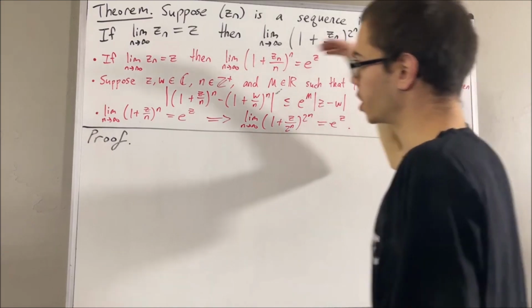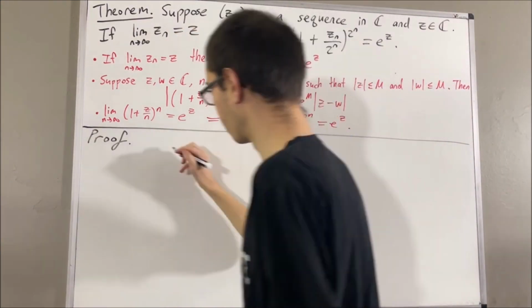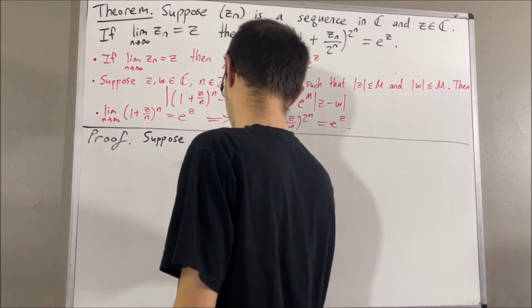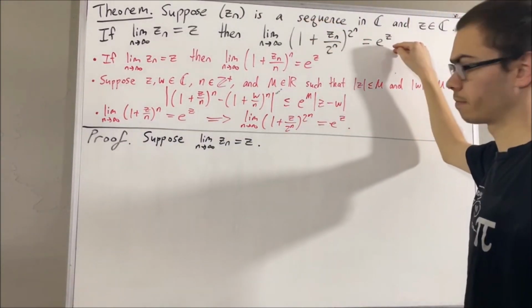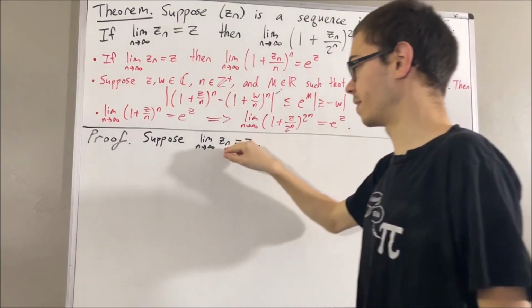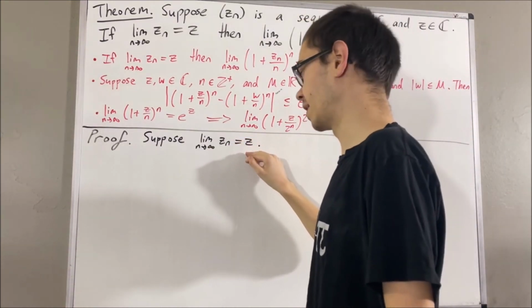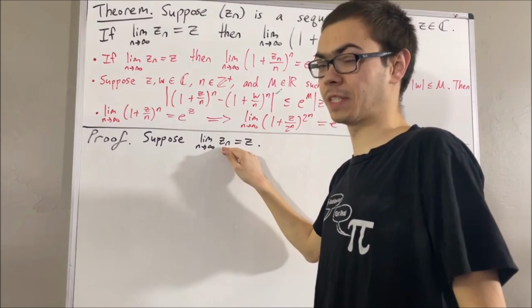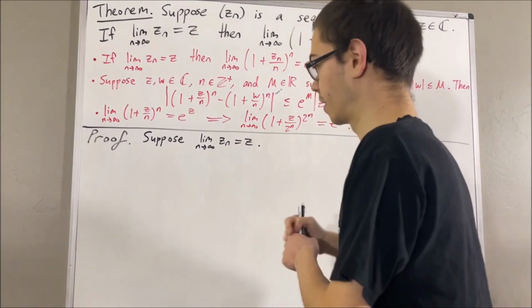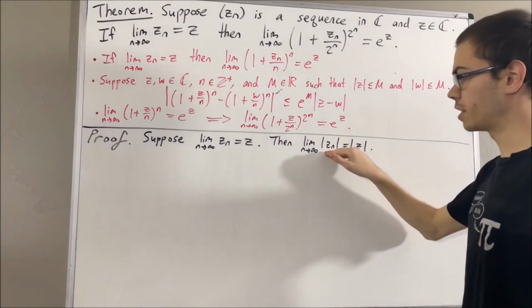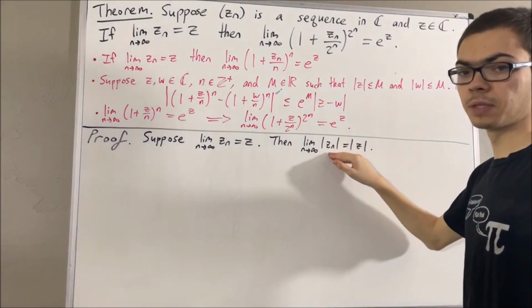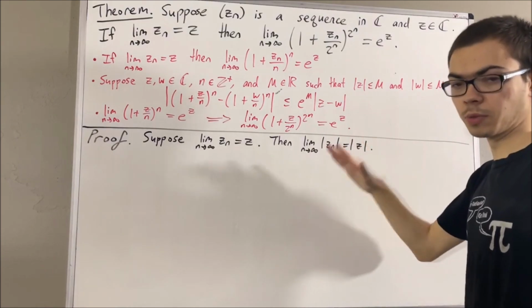And to start out the proof, let's suppose Zn converges to Z. The whole goal from here is to prove that this guy converges to e^Z. Now, since Zn converges to Z, it follows that the sequence of absolute values of Zn must converge to the absolute value of Z. And the sequence of absolute values of Zn is a sequence of real numbers.